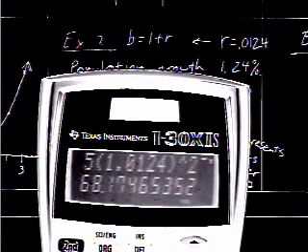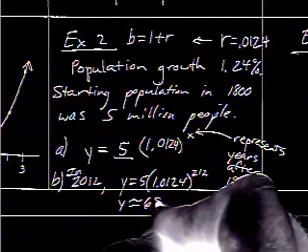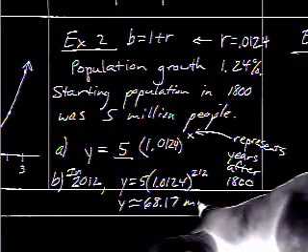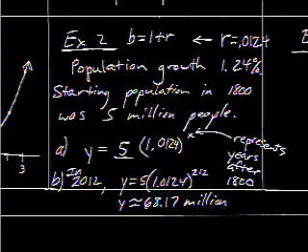And that tells me that the population according to that model is 68.17 million. We'll just say that. Now, clearly the population rate changed in the United States since we have well over 300 million people in the United States. So that particular growth rate did not continue here in the U.S.